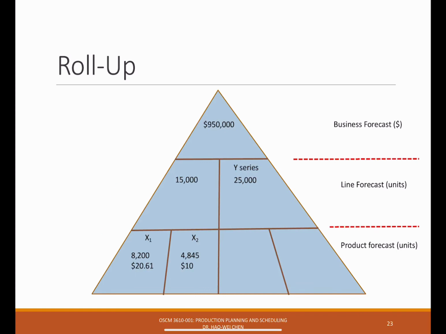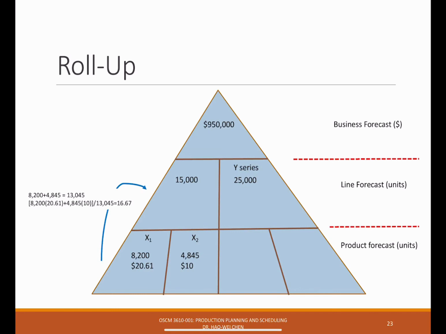So this is what we want to do. We want to use a product forecast to update the line forecast result. The first thing we want to do is to sum up all the number of units that you want to sell. So we have 8,200 plus 4,845 units. So the total unit will be 13,045 units. Okay. Then we want to calculate what will be the average unit price.